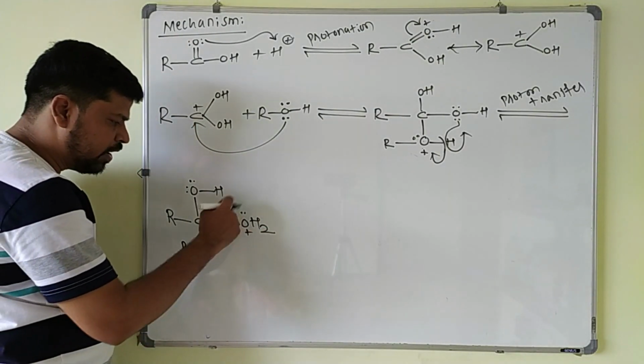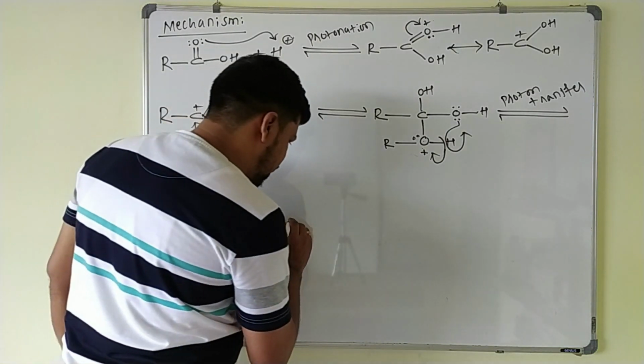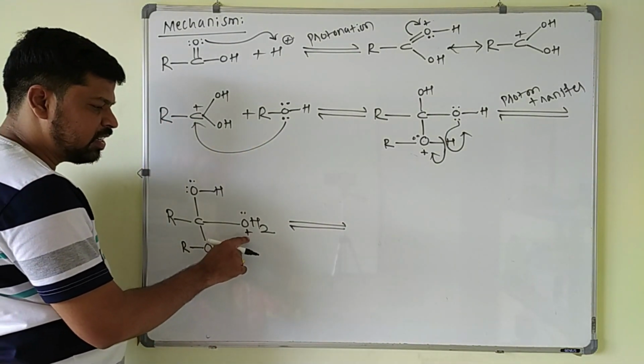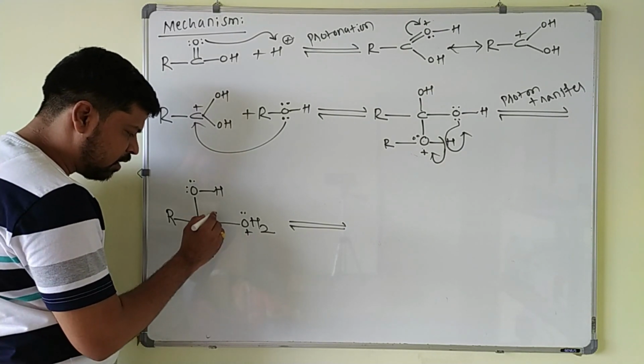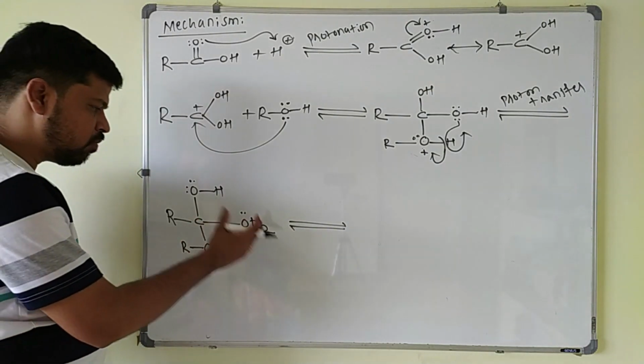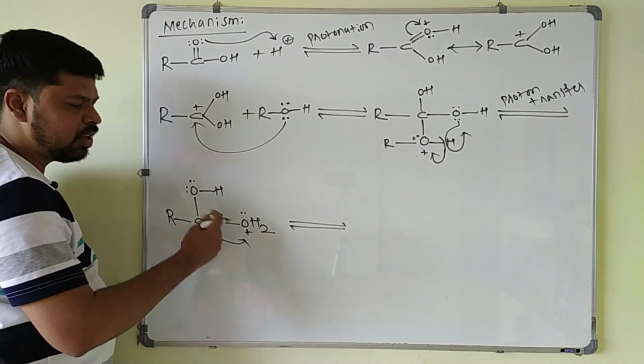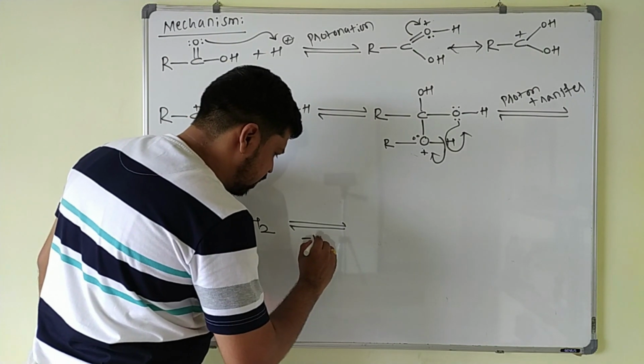So this becomes OH2 plus. Now again this oxygen is having a positive charge, it is unstable, so again it wants to take more electron density. So this bond pair is taken by oxygen, so that a water molecule is eliminated here.